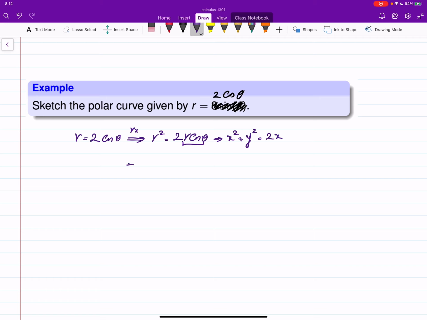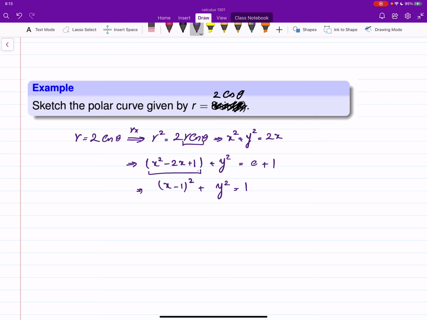Now I want to gather all x's in one place, so I bring that 2x to one side, and this is 0. Now if I add 1 to this, it is completely squared. That will be x minus 1 squared. But since I added 1 to the left-hand side, I must add 1 to the right-hand side. So this is what I have.